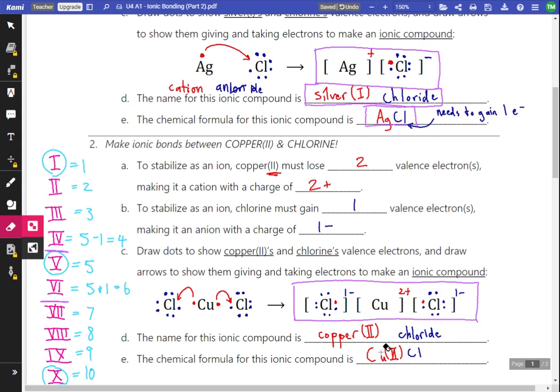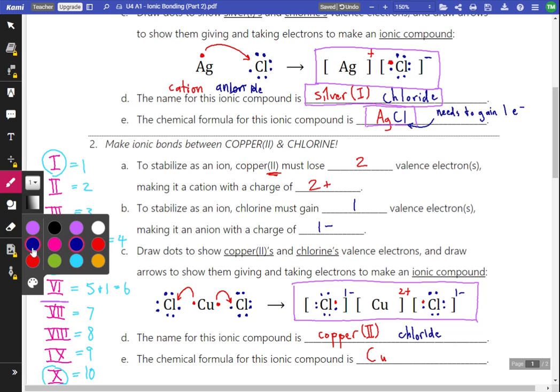Or to make it look like the subscript, they will put it down there. Either of those is not what we want. Again, we're writing how many atoms there are of each thing. We only needed 1 atom of copper to help satisfy 2 chlorine atoms. So our formula should be CuCl2.